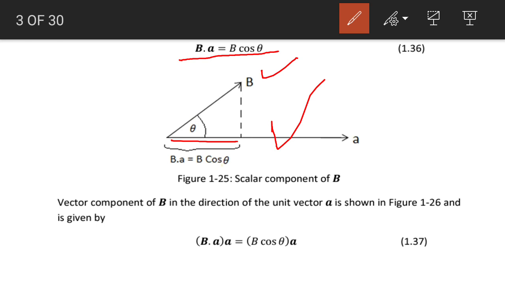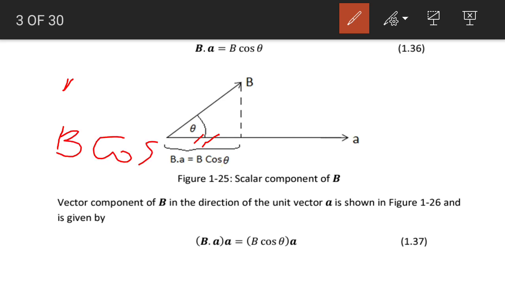So b dot a will be equal to b cos theta. If theta is known, we can calculate this component with the help of b cos theta, or with the help of b dot a. Right?